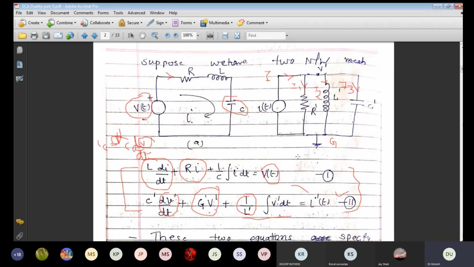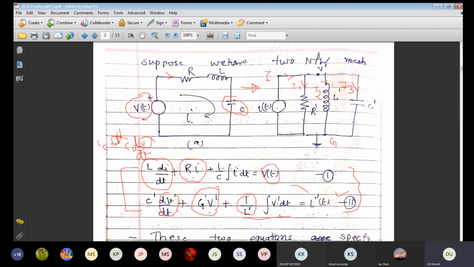Because sometimes this loop circuit is somewhat complicated. So you can convert this loop circuit into a node circuit of that dual network. If you are finding the current in all these branches, or the response of the circuit, suppose we want to find the voltage across R in this circuit, then we have I into R, this is the voltage across this resistance.